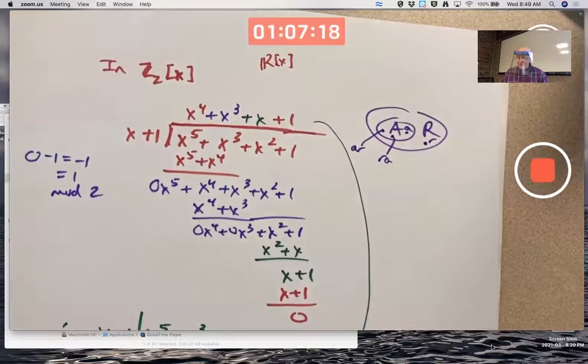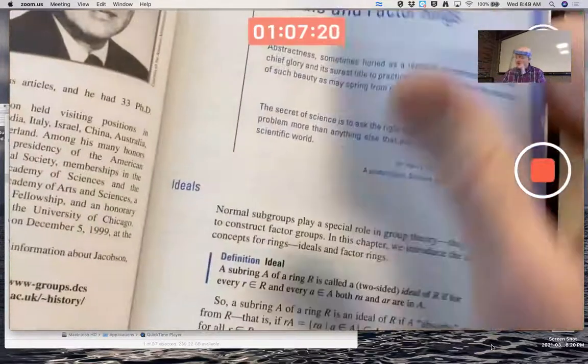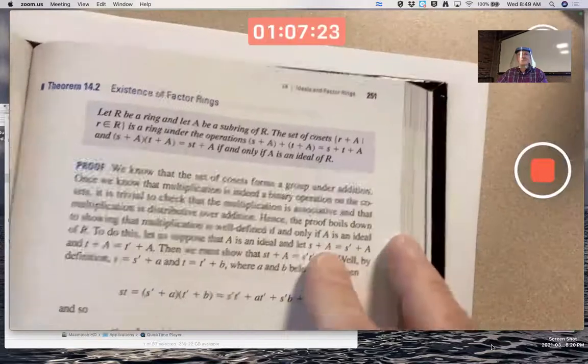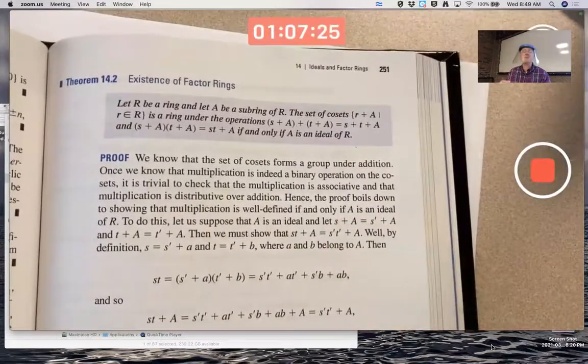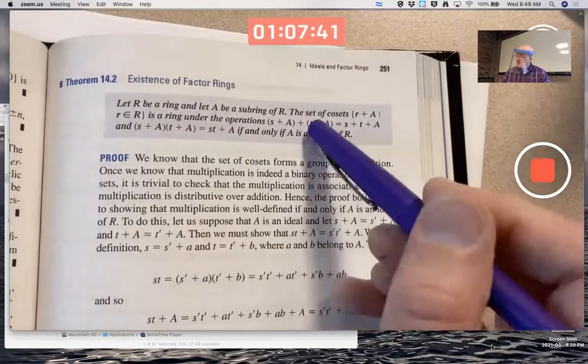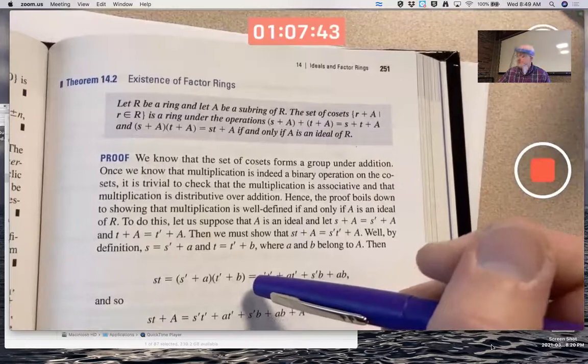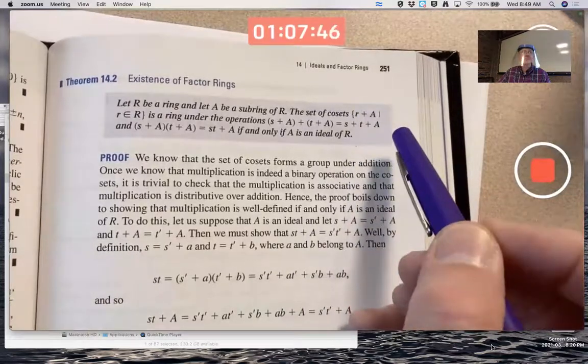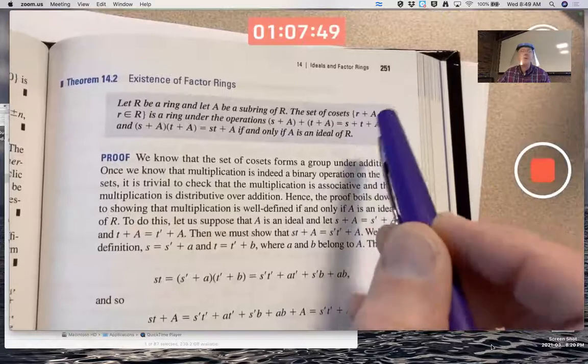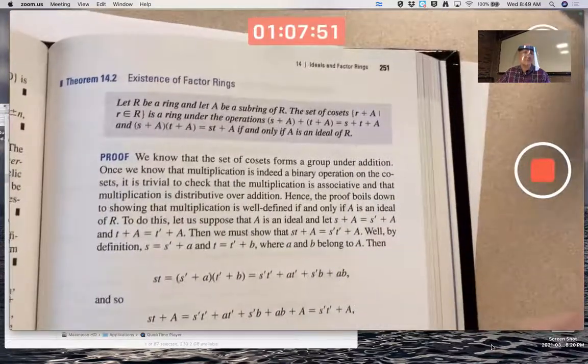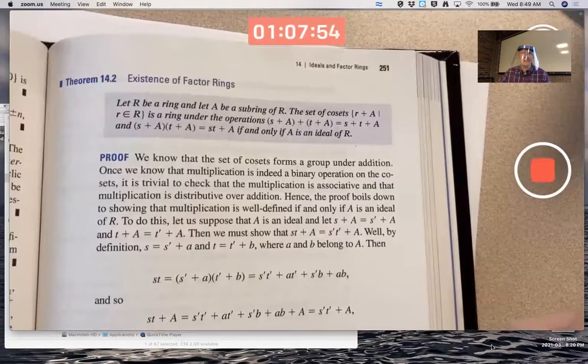Why is this important? Because it allows us to define factor rings, just like normal subgroups allowed us to define factor groups. I mentioned in the lecture and even in here, factor groups are sometimes called quotient groups. Factor rings are sometimes called quotient rings. What are the elements of the factor ring? They are cosets. Left cosets, in fact, though written with additive notation, not multiplicative notation.